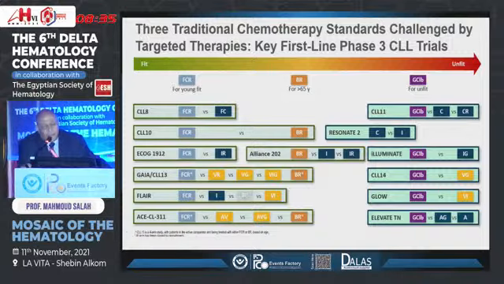And there are different studies addressing the frontline therapy, comparing chemoimmunotherapy with BTKIs and anti-BCL2, and all of the studies concluded that the outcome in terms of progression-free survival and overall survival with patients receiving BTKIs plus anti-CD20 is better than patients receiving chemoimmunotherapy alone.